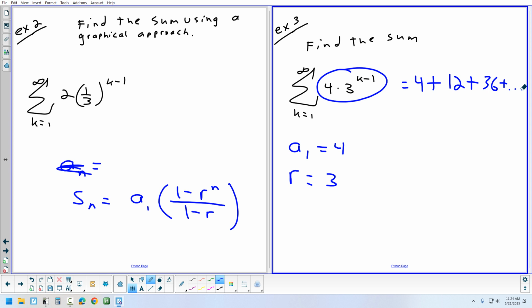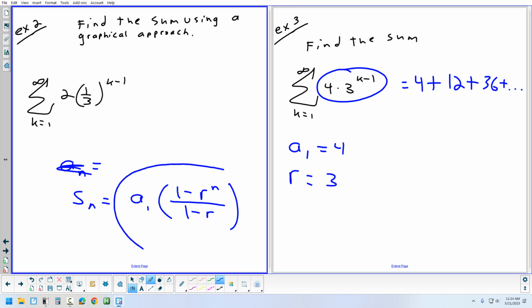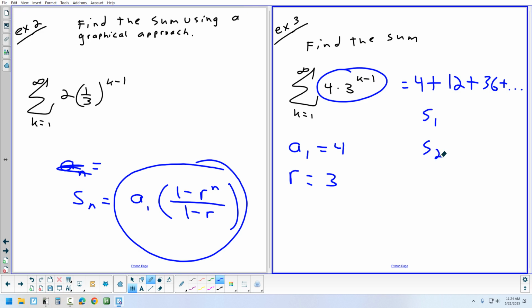So I'm going to put that formula in on the calculator, just like I did last time. I'm just going to change the first term and the r value. Now, we can figure them out before we even use the calculator. If you add up the first one term in that sequence, what do you get? Yeah, 4. So S1 should give me 4.